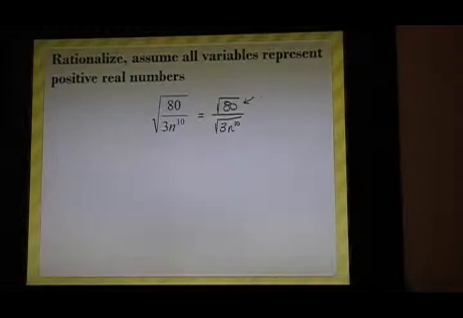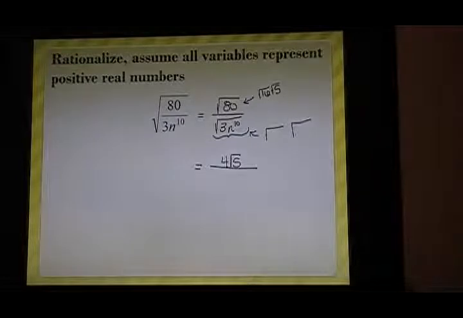Breaking that into the square root of 16 times the square root of 5, we do get that the square root of 80 simplifies to 4 root 5. The square root of 3n to the 10th: 3 is not divisible, so I'm going to have to break this into 2, and n to the 10th is a perfect square.